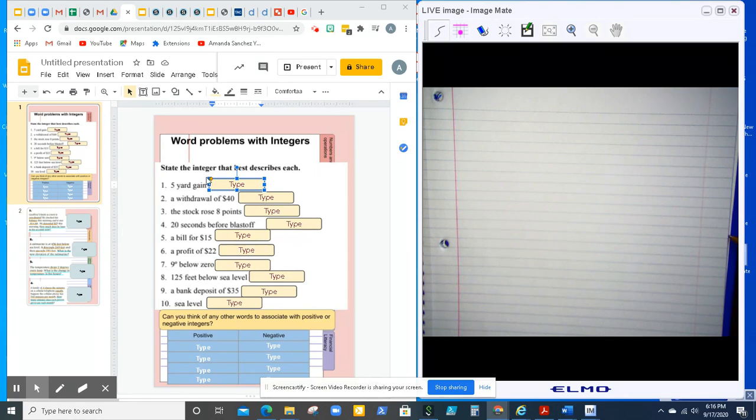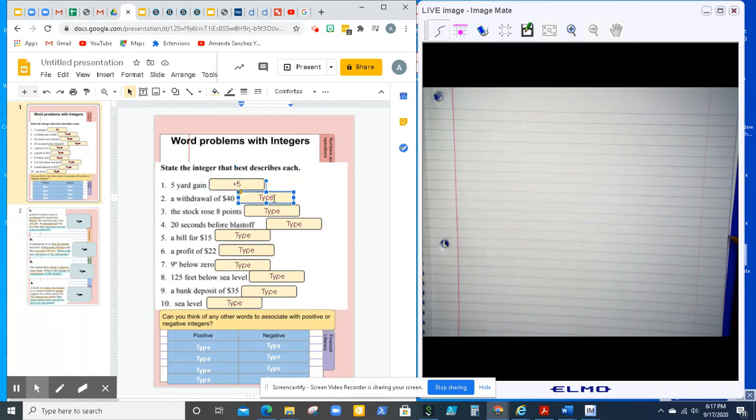All right, so stating the integer that best describes each. So a 5-yard gain. It's a positive 5. That word gain, positive 5. So you're just going to type in positive 5 or just put 5. A withdrawal of $40. So when you take money out of an account, that's a withdrawal.